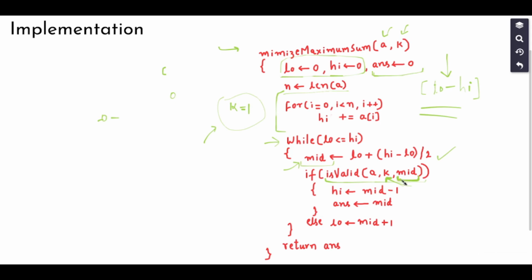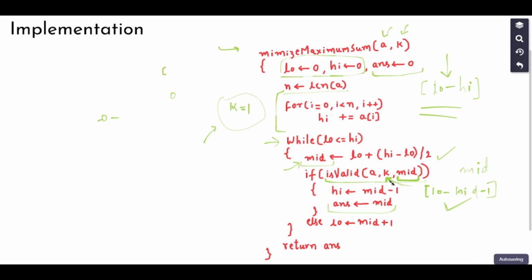If we can find such a partition, then the answer lies in this range from low to mid minus 1. The answer is either mid, or it lies in this range. That's why I am initializing answer with this mid variable. And the search space is reduced to this.